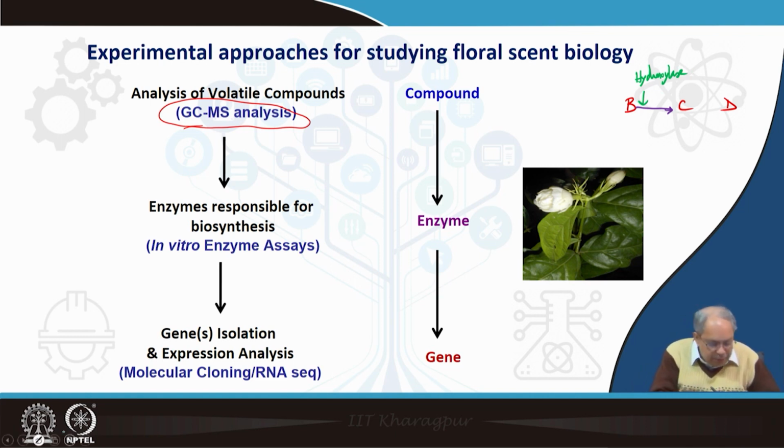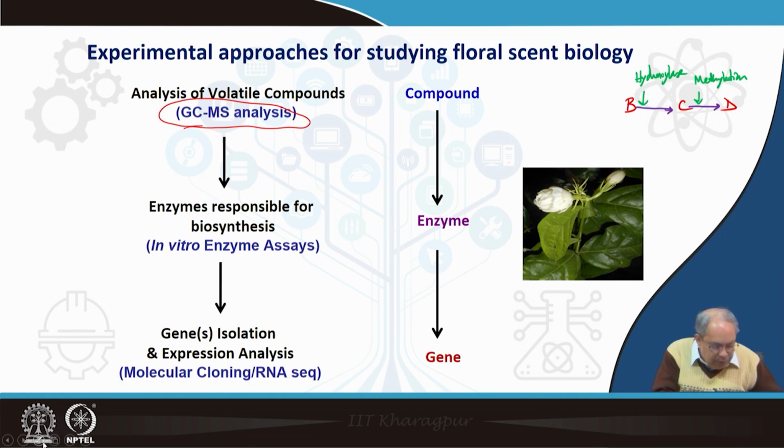Then, in the next step, C to D, compound D is basically a methylated compound. So, we can think that there must be a methyl transferase reaction, which leads to methylation.